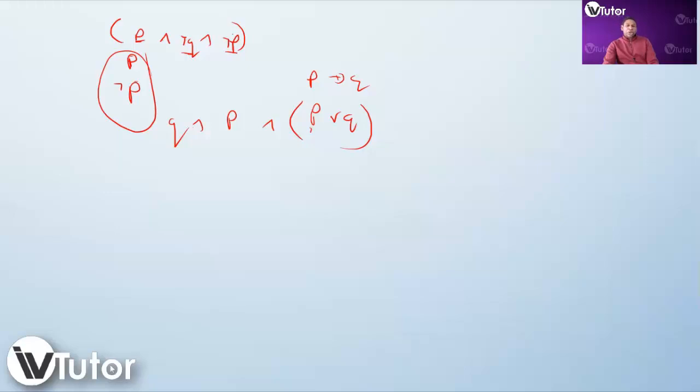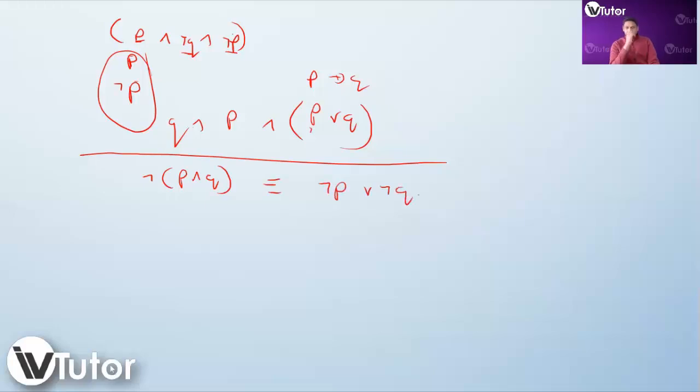Now moving on, there are steps that we have to follow for us to get there. If we have something like not (P and Q), this is equivalent to not P or not Q. We did this when we initially started.